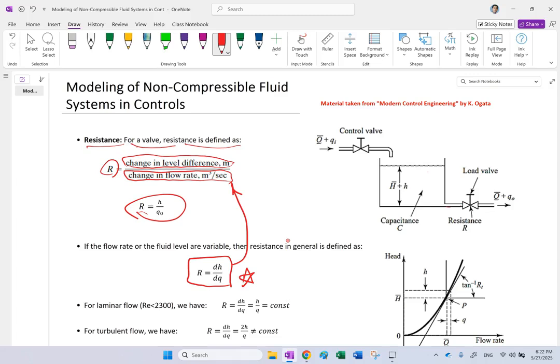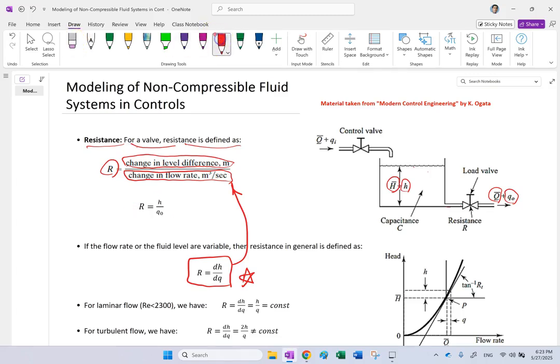So in the steady state situation, the height of this tank is H bar and the flow rate out of the valve is Q bar. Then if the height of the fluid in this tank is a little bit disturbed, a little bit changed like H, and the flow rate is a little bit changed Q naught, then we can say that H over Q naught is going to be the resistance.